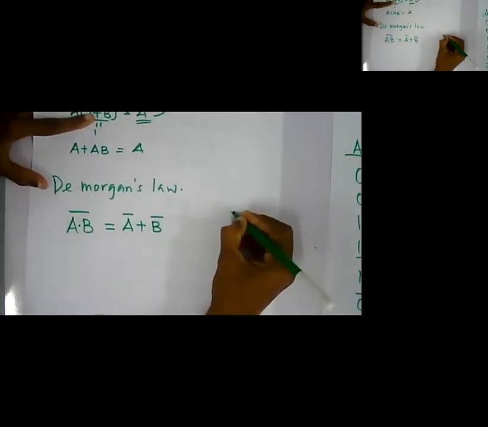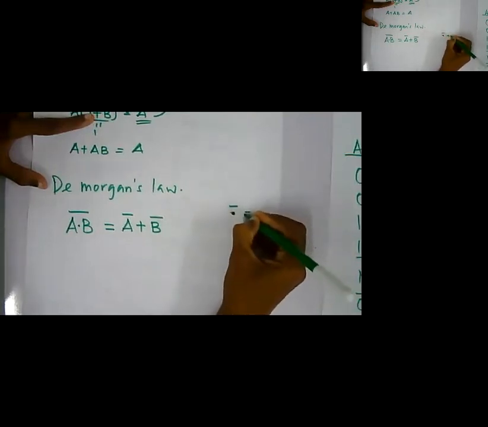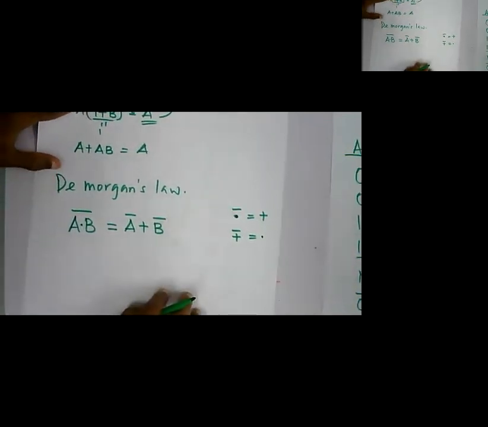I'll tell you a shortcut, right? Just remember, if you have dot under the bar, then that becomes plus, and plus under the bar becomes dot. Just a shortcut.